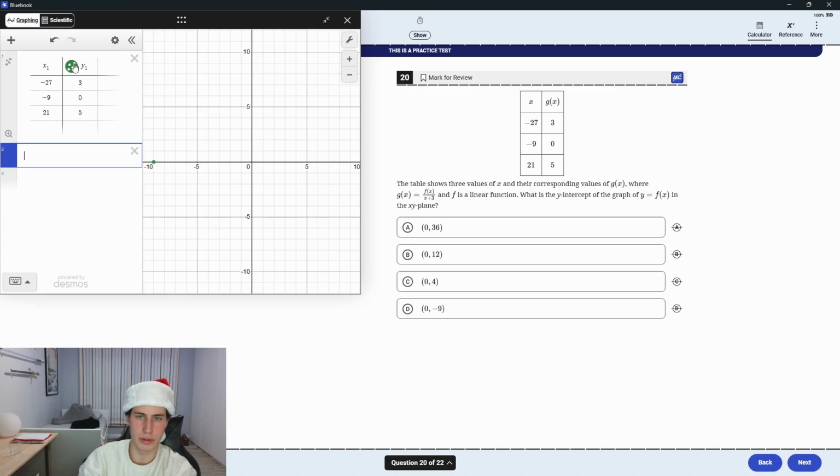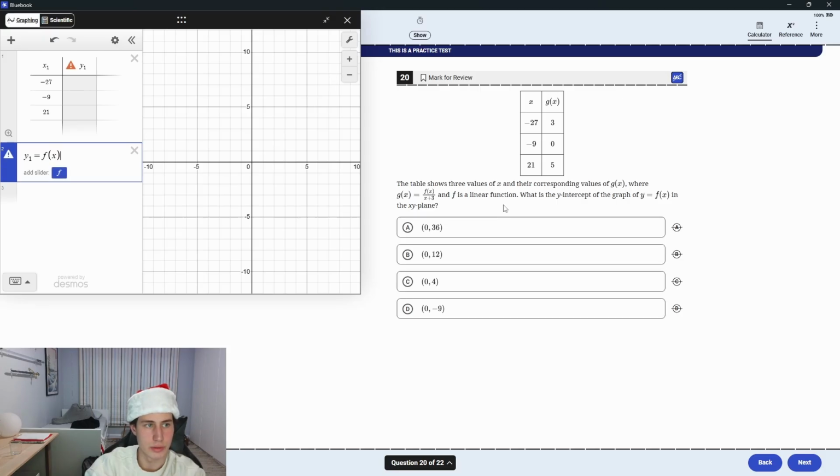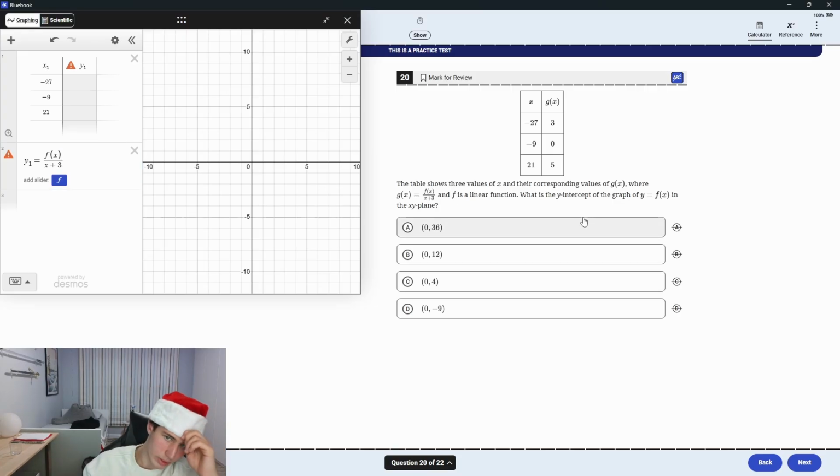Plotting the points that we are given. So that's g of x, which is just, in this case, y1. So y1 is equal to f of x over x plus 3. We're given that f is a linear function, and we want to find the y-intercept of f of x.